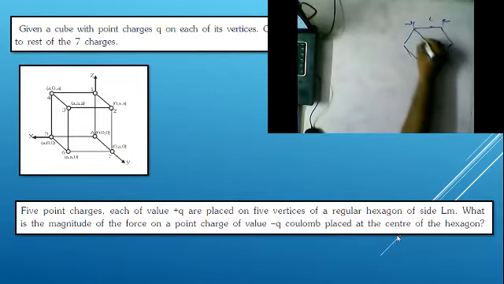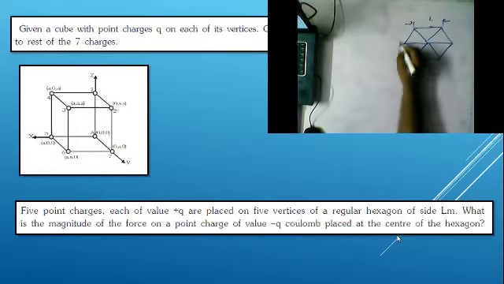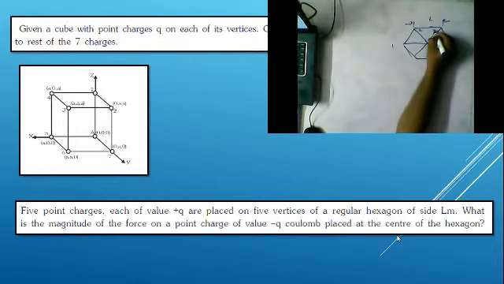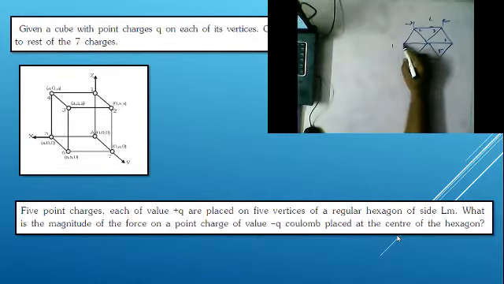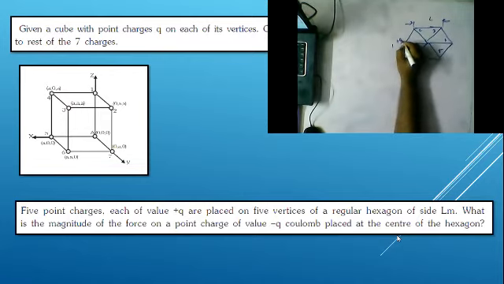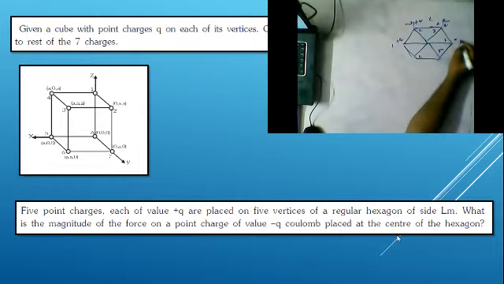Now, the numbering can be given as 1, 2, 3, 4, 5, 6. At these 5 vertices, plus Q, plus Q, plus Q, and here plus Q, and here plus Q. Plus charges are there.